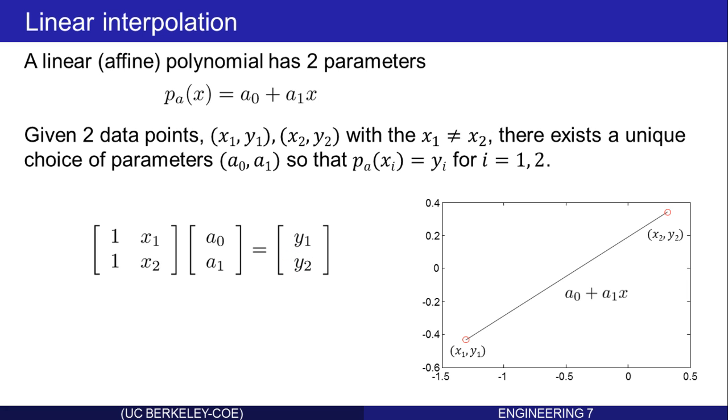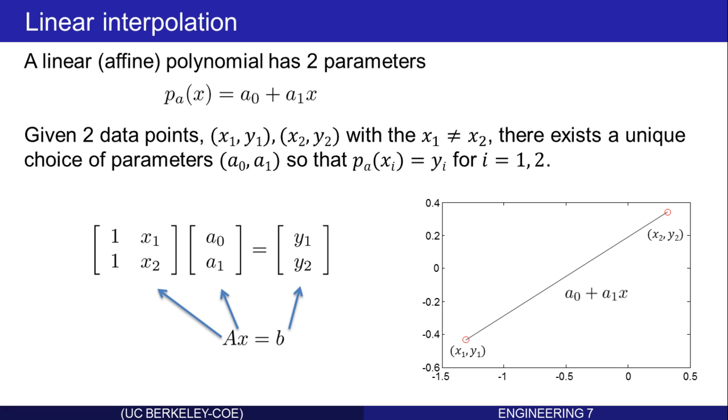So there it's written in the form of Ax equals b, where the A array comes from the x data. The x unknown is the coefficients a0 and a1. Those are to be determined. And the known b vector is from the y data. This is a square system of equations. As long as x1 is not equal to x2, there's a unique solution, and you can use the backslash operator to solve that.